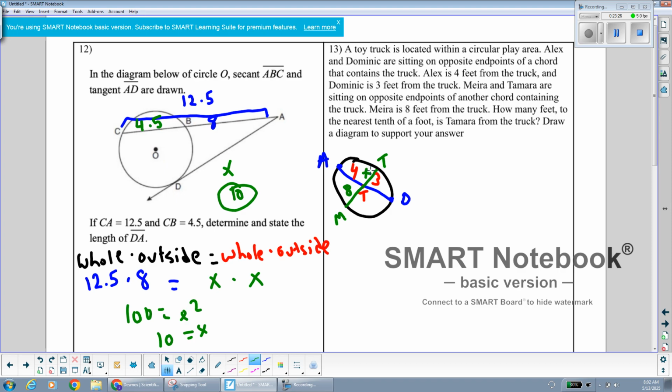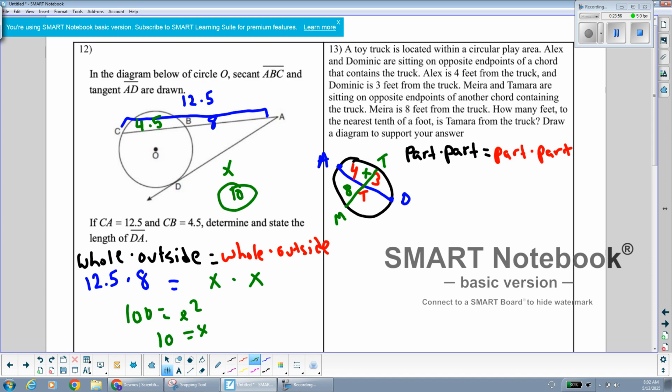Okay, so what we have here is lengths of segments inside the circle, intersecting chord segment lengths. Notice how the segments are inside the circle, they're chords, and we have the lengths and we're finding lengths. So we're going to use our theorem for that, which is part times part of one chord equals part times part of the other chord.